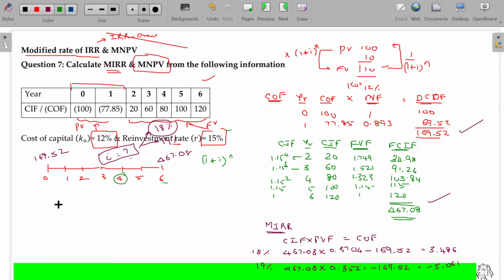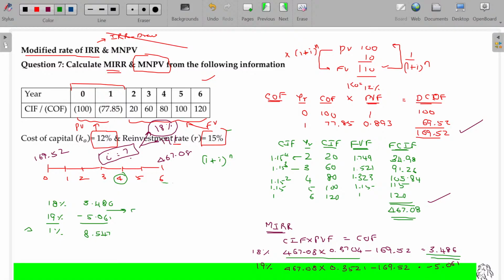Let's see. At 18%, we have this value, 3.486. At 19%, this value being minus 5.061. The difference being 1% makes the difference of 8.547.